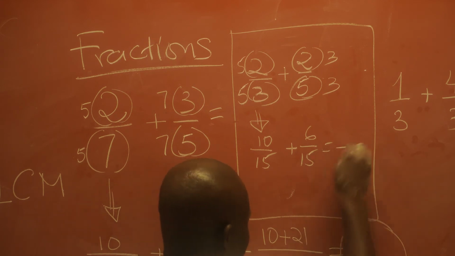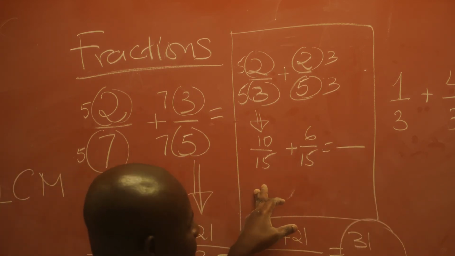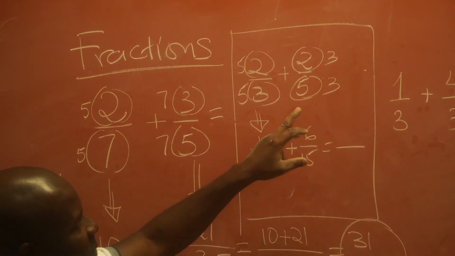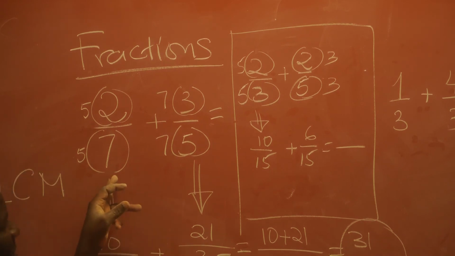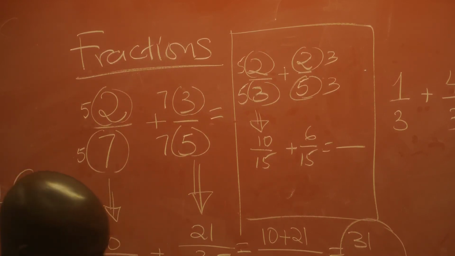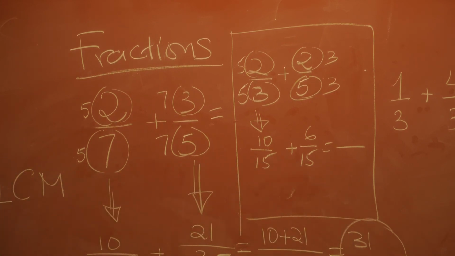And yes, in this situation, it's like you're switching the denominators, the one on the left to the right, and multiplying. But if you have a large number, it's going to be hard for you to use that same method.